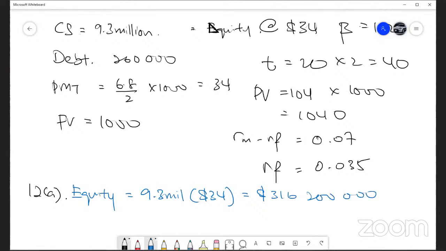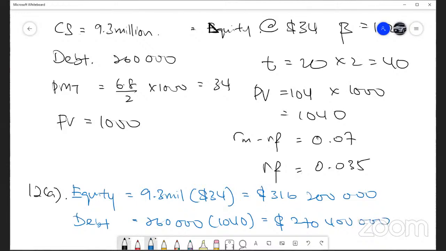The next is counting the debt. Okay, $260,000 multiplied by your present value, 1040. So your bonds here value at 270,400,000.